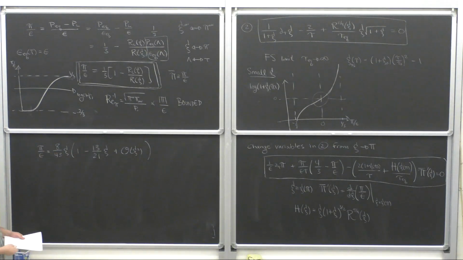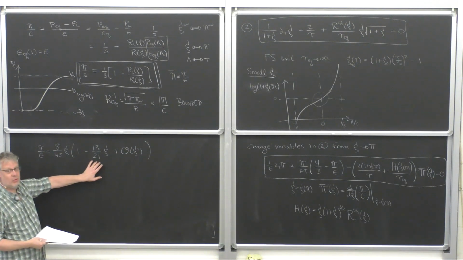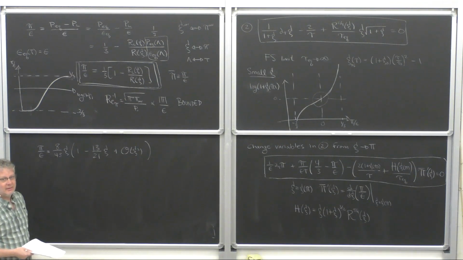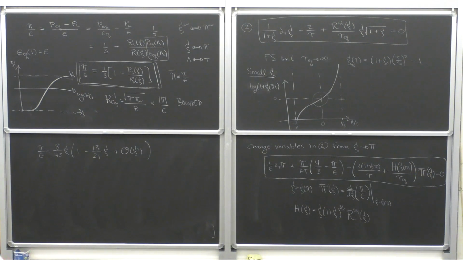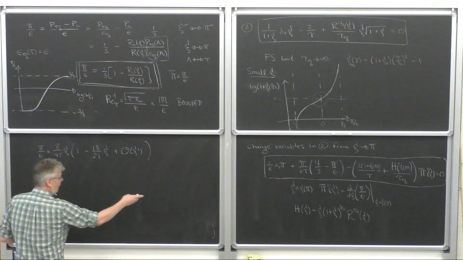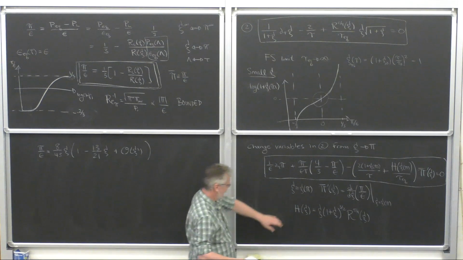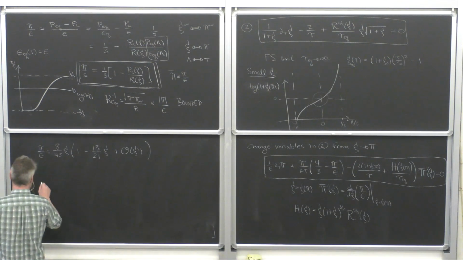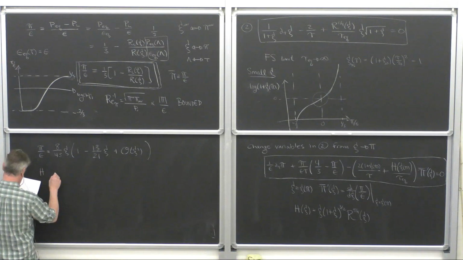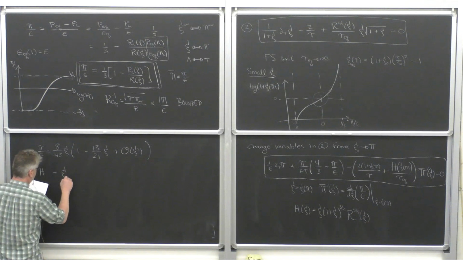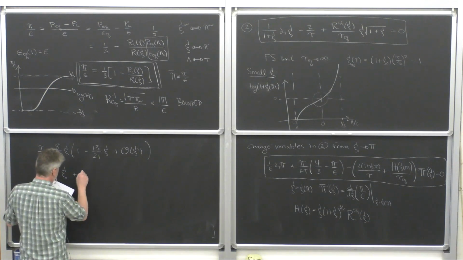And Gabrielle should be paying attention now because there's a funny 21 appearing here. It's going to eventually become the 38 over 21. You can also expand this h function that's sitting here. It's just simply linear in c.